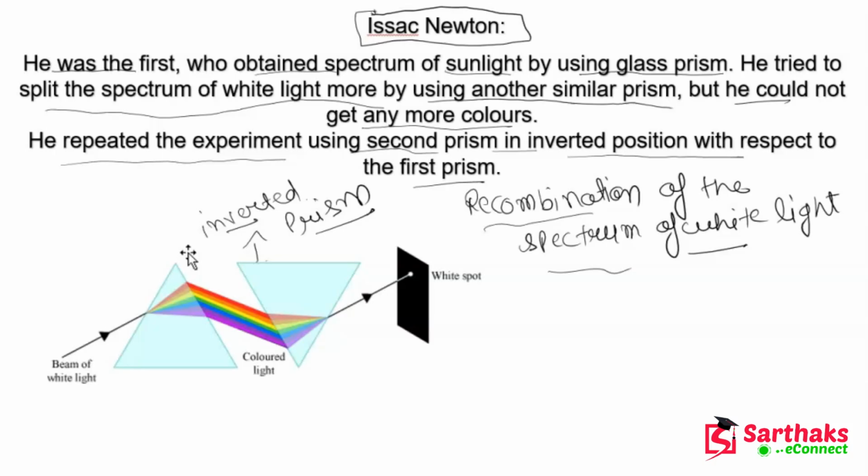In the previous experiment, light split into the 7 colors, and when these 7 colors pass through an inverted prism, they are converted back into a single beam of light. I hope this is clear. Now let's move on to the next slide.